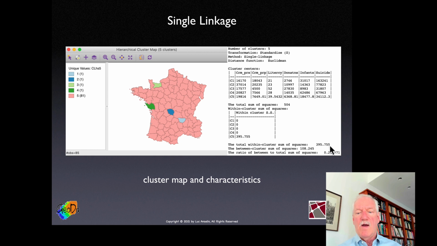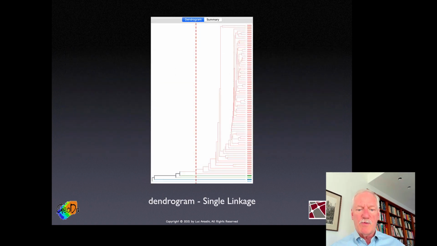So, and the resulting measure of fit is pretty lousy. And often single linkage I find very useful to explain the concept of hierarchical clustering, but not very useful in practice as an actual clustering method. And you see the dendrogram is pretty awful as well. It has our 4 singletons as a single element, and then everything else grouped in one big cluster.